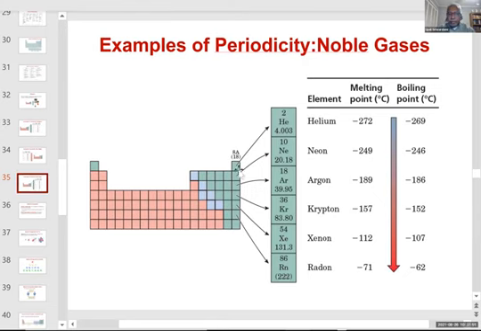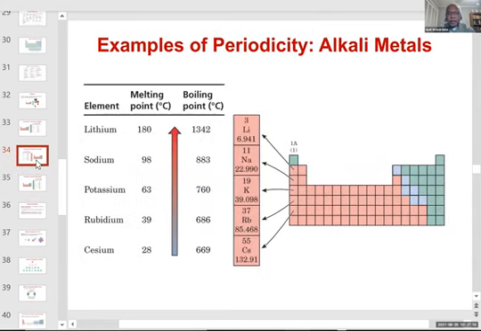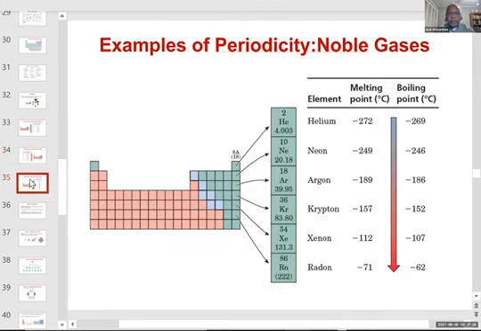Going down the group means going from here to here. For metals, alkali metal melting points decrease as you go down the group. So noble gases behave like non-metals as far as melting point goes.